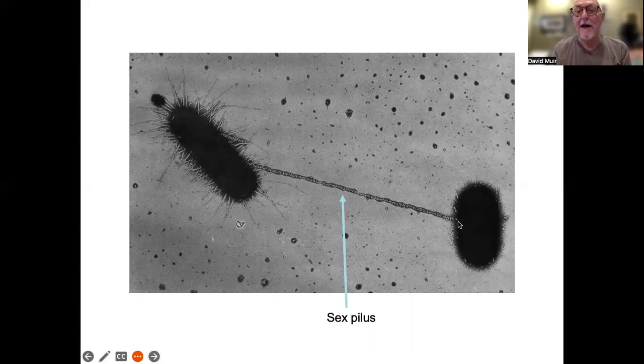What happens is this pilus establishes a contact between one cell and another cell, and then the pilus contracts and pulls this cell tightly against the other, and the pilus forms a pore in the cell membrane. And this cell then can pass DNA into this cell. It's always only one way. It passes from one cell to the other. This cell does not acquire from the other cell.